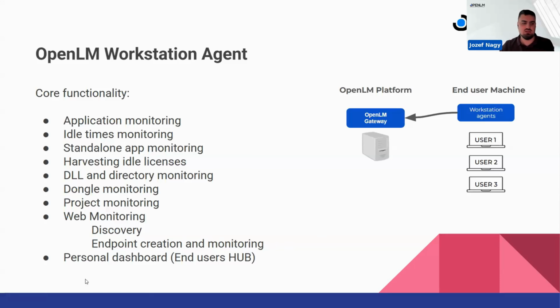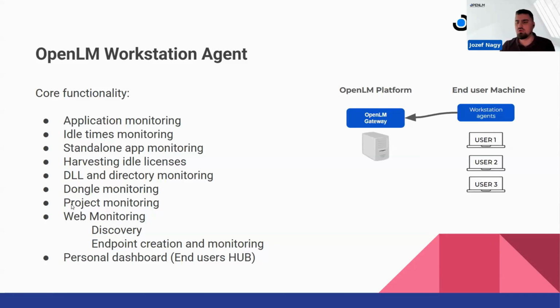And the last thing that we have, as I mentioned before, is the personal dashboard. So it's basically a UI for the end users, and they can choose the projects there. They can see if their licenses were harvested. They can resume a harvested license and so on.